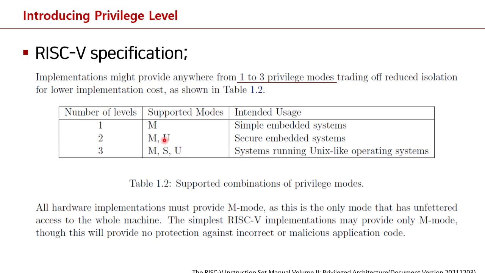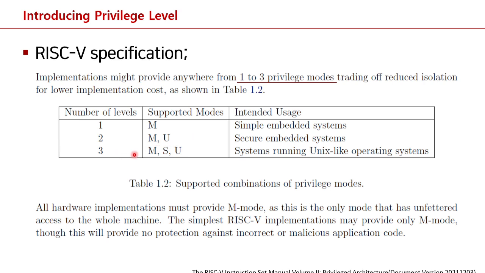In this case, your software architecture consists of privilege modes, such as machine mode and user mode. The machine mode corresponds to privilege level 3, and the user mode corresponds to privilege level 0. In this case, I can say that there are two privilege levels in the system.